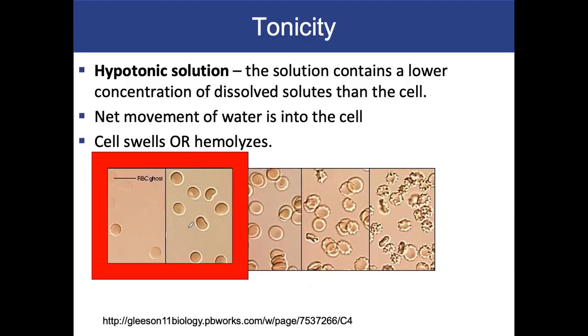Hypotonic solutions, right? Hypotonic solutions are solutions that have a lower concentration of dissolved solutes than the cell, right? So the cell is 0.9. If you look at the red blood cells, the cell is 0.9 right here, right? Your cell is 0.9. And then the solution outside could be 0.5 or it could be 0%, right?